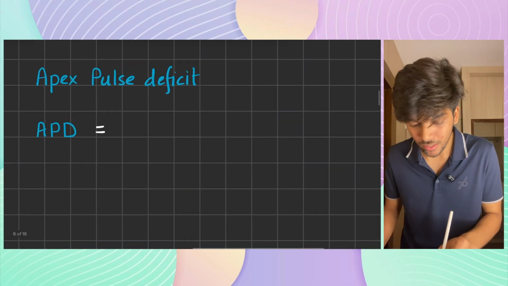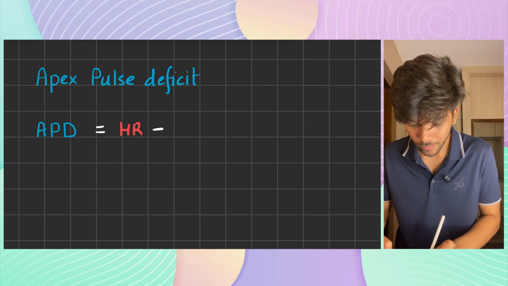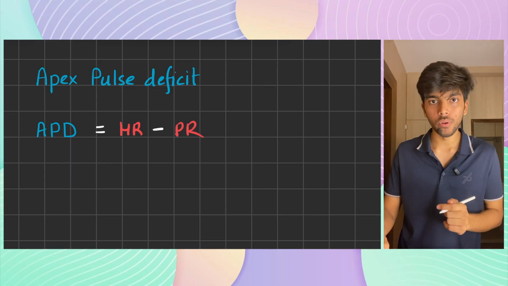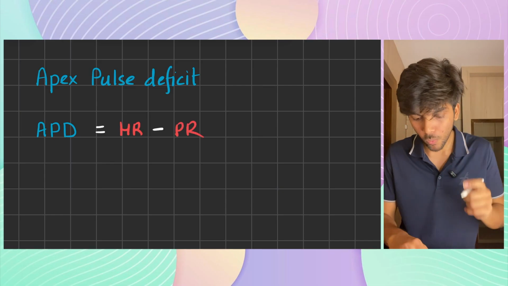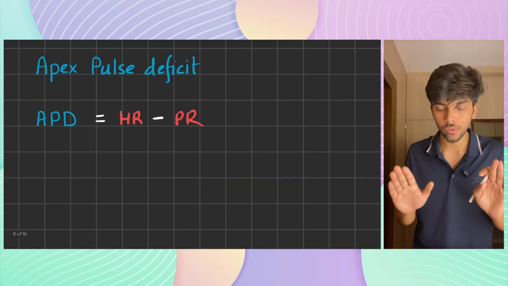Apex pulse deficit is heart rate minus pulse rate. And there are two ways to calculate it. Method number one: you need two different individuals.